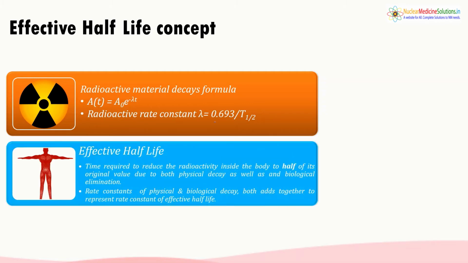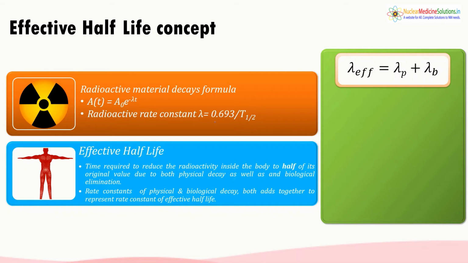The effective half-life is the time required to reduce the radioactivity inside the body to half of its original value due to both physical as well as biological decay, and the rate constants of physical and biological decay add together to give the rate constant of the effective half-life.